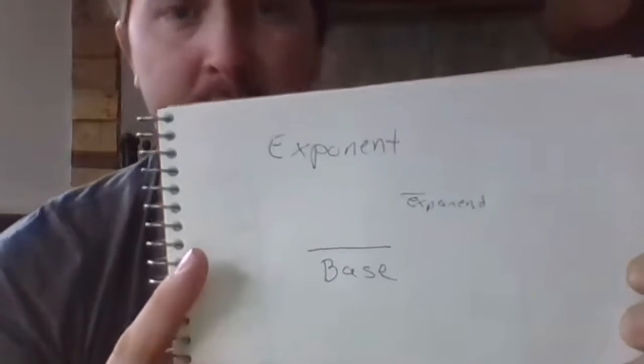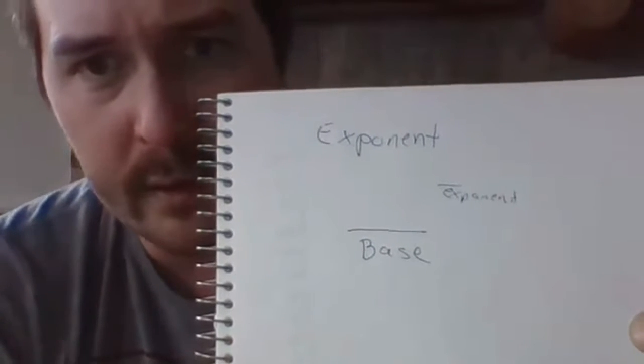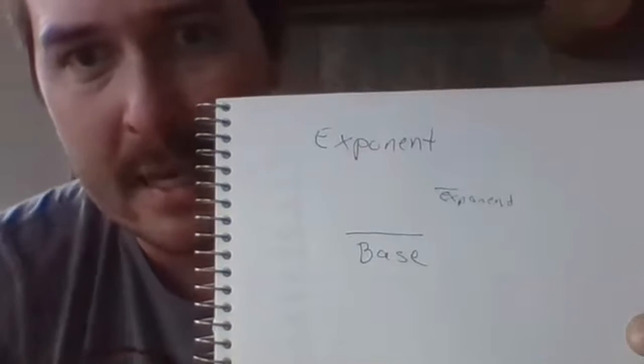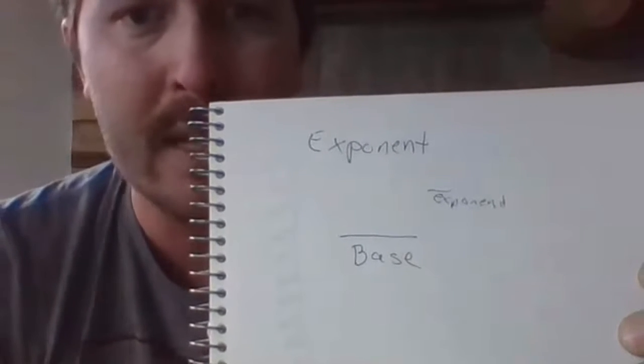That exponent can be any number, that base can be any number, but my main goal is to show you the relationships between what any base is and what that exponent does to that base.